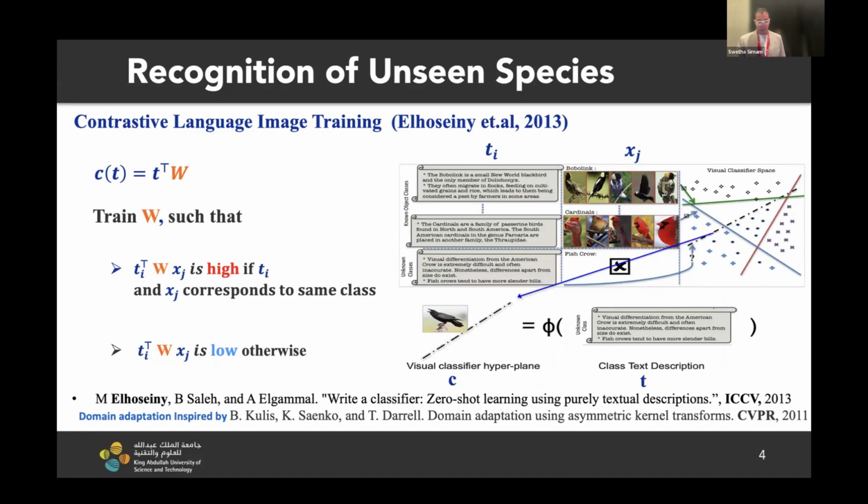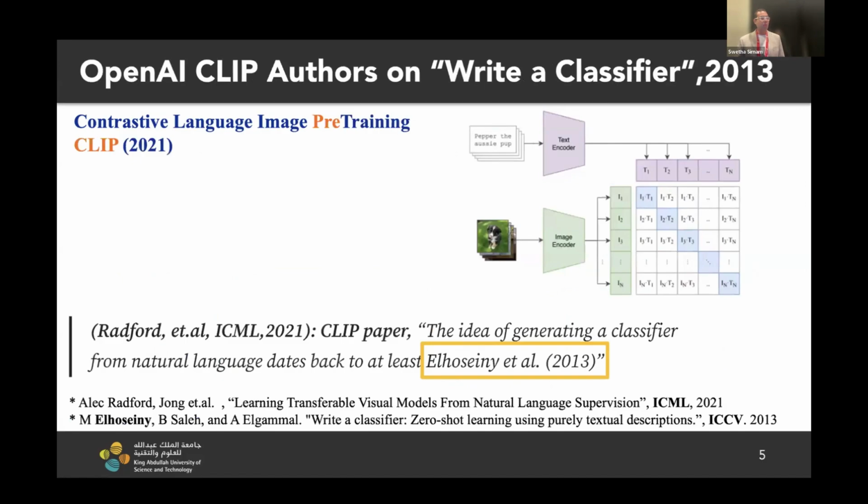Increase the distance as much as we can. This relates to what we refer to today as contrastive language and image pre-training, CLIP. It's basically the same idea, but the difference is that CLIP is based on deep learning. The image encoder is deep, the language encoder is deep, and the training happens on a much larger amount of data.